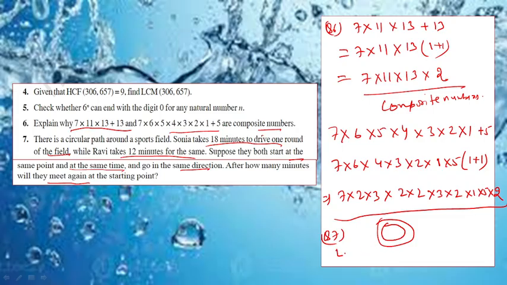So in this type of case, we are meeting again at the same point after how many minutes? In that case, we need to find the LCM of 18 and 12. So we know that 18 can be expressed as 2 into 3 into 3 and 12 can be expressed as 2 into 2 into 3. Okay, so what will be LCM?